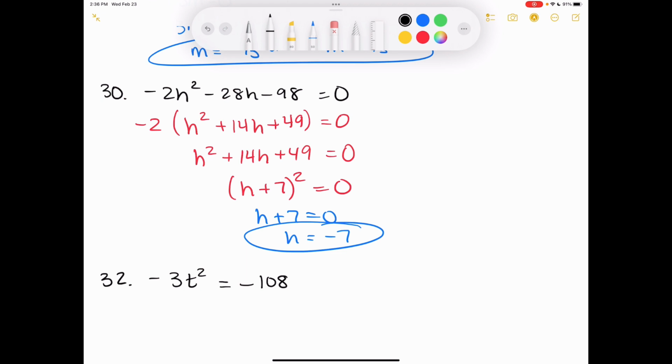So what is 108 divided by 3? Because the negatives are going to cancel. He said 15. 3 times 15 is 45. Exactly. This is 36.